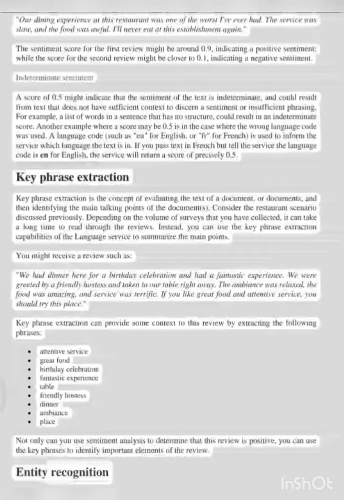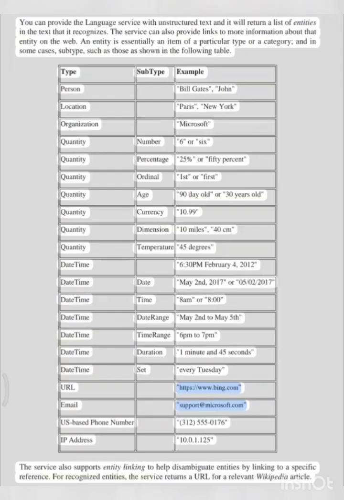Entity recognition. You can provide the language service with unstructured text and it will return a list of entities in the text that it recognizes. The service can also provide links to more information about that entity on the web. An entity is essentially an item of a particular type or a category, and in some cases, subtype, such as those as shown in the following table.